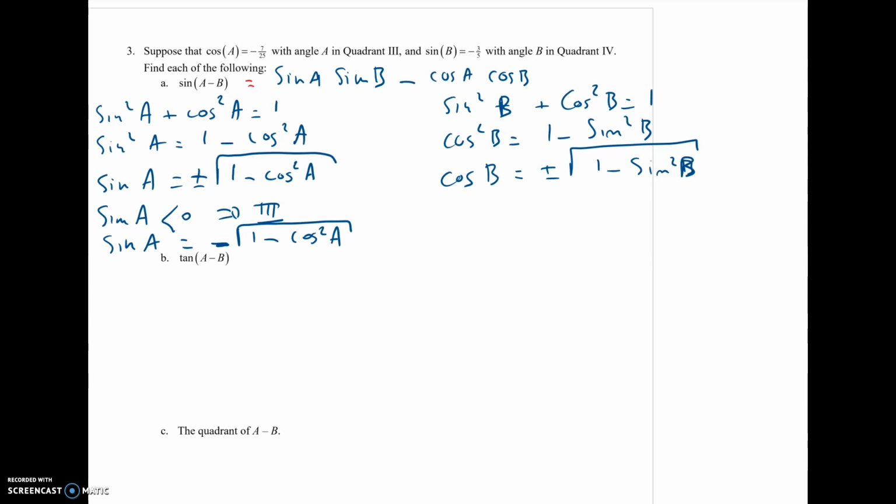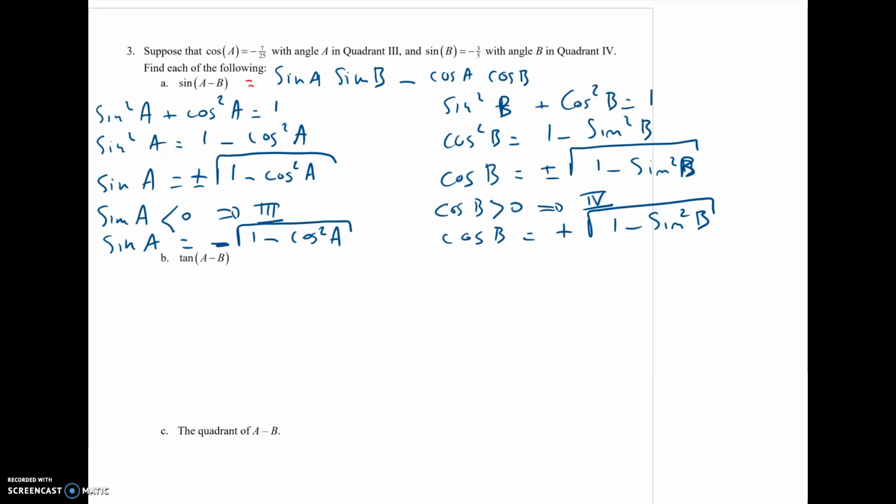Because I know that I am in quadrant 4, the cosine is positive. Cosine of B is supposed to be positive because I am in quadrant 4. Therefore, the cosine of B is going to be equal to plus the square root of 1 minus sin²B.